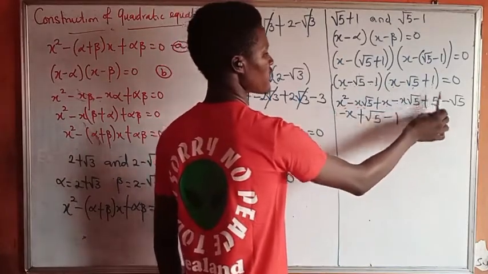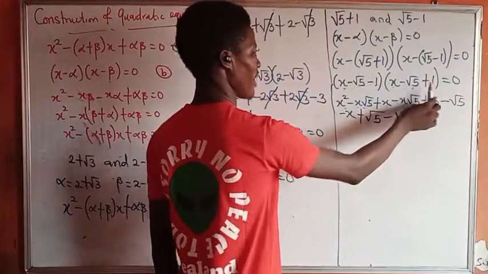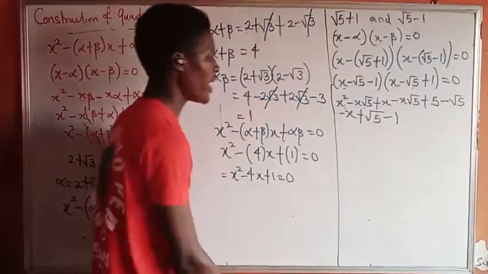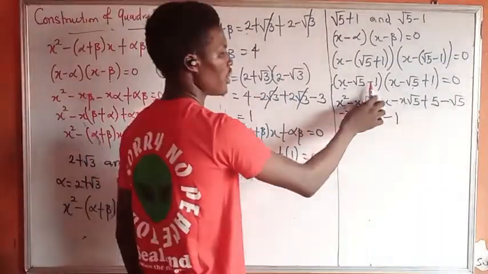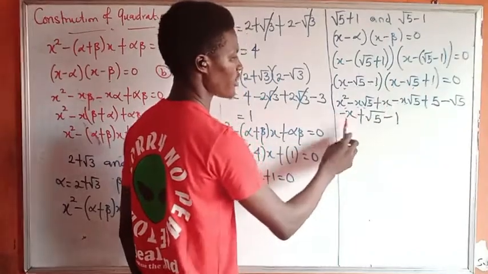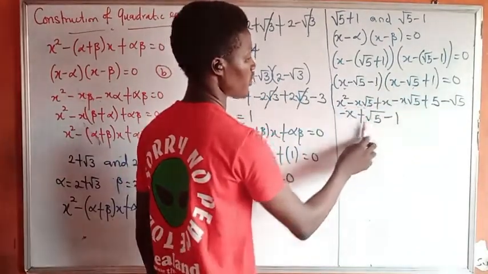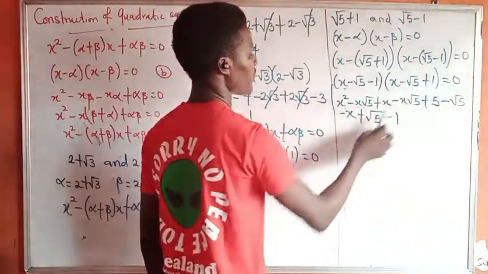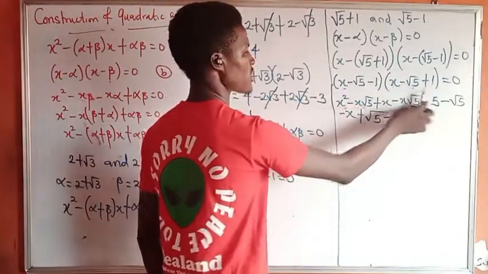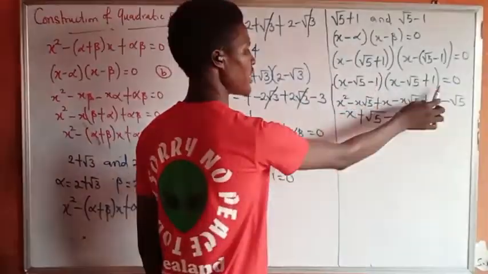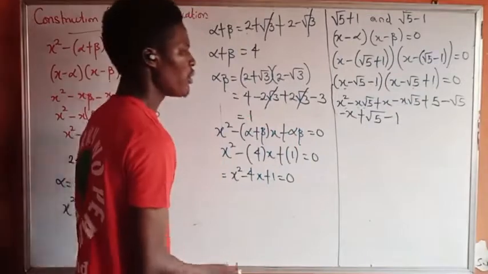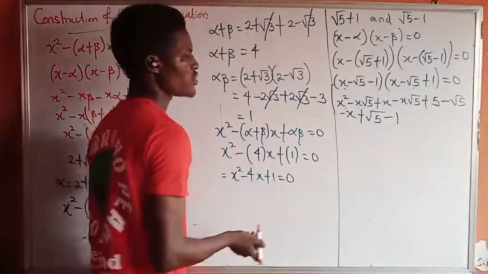Minus times plus minus, root 5 times 1 is root 5. Then the last one, which is 1. Minus 1 times x is minus x. Minus times minus is plus, 1 times root 5. Minus times minus is minus, 1 times 1 is 1.